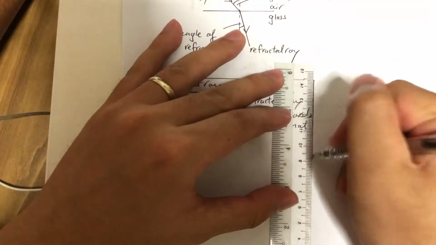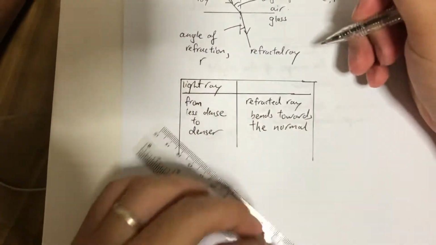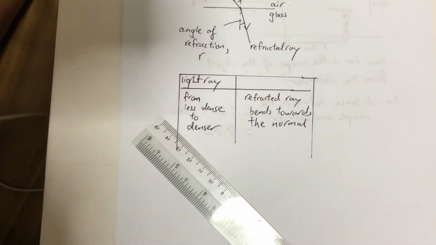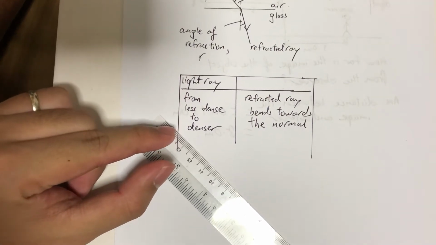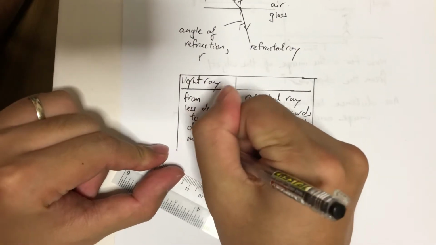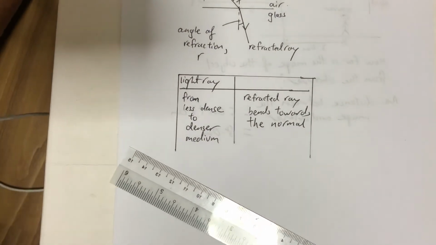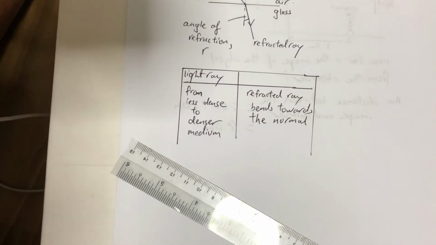It's important to remember all this as you go along, because it will help answer a lot of questions easily. So what do we mean by less dense to denser medium? In this case, we are talking about the optical density of the medium itself.